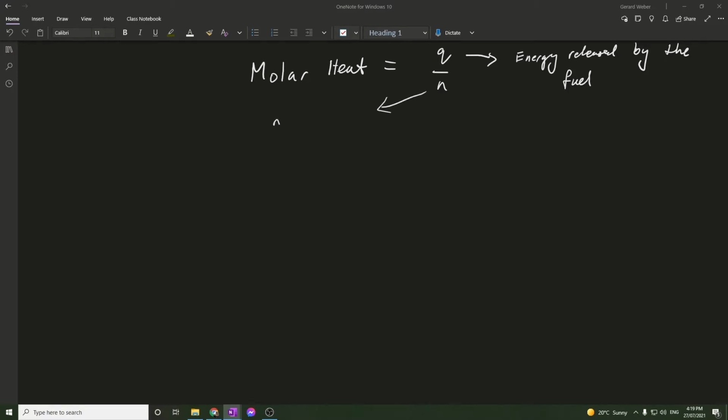To calculate our molar heat of combustion, we need to use the following equation. Molar heat is equal to Q divided by n, where Q is the energy released by the fuel, and n is the number of moles of fuel burnt.